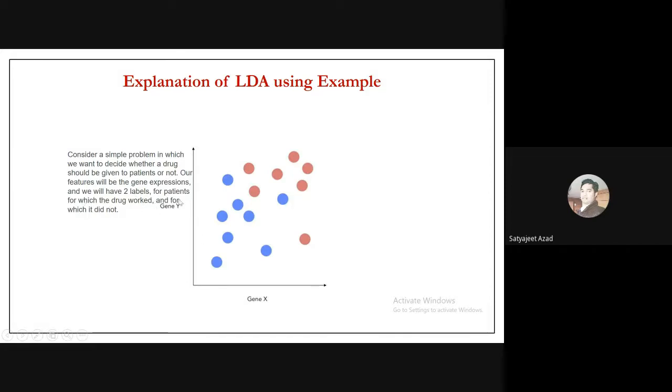For example, there are two features, gene X and gene Y. Based on that, we decide whether the drug should be given or not. Let's say red is drug given, and blue is not given. We have plotted these two classes based on the two features, gene X and gene Y.